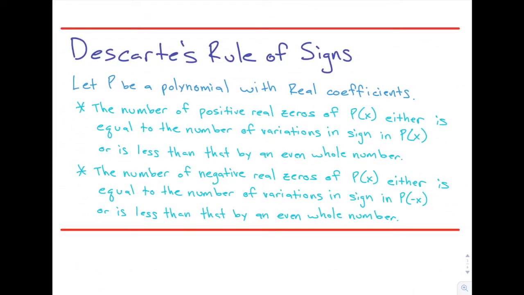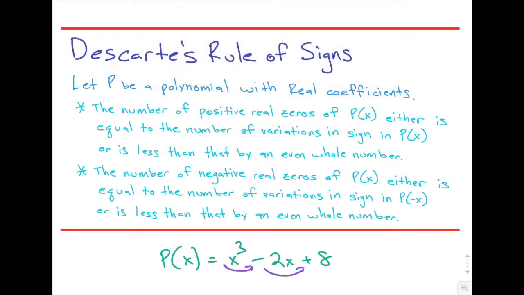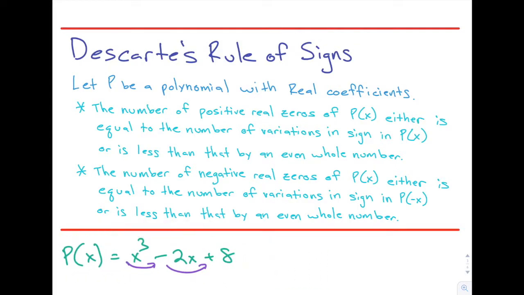Descartes' rule of signs says that if we look at the sign changes in p of x and p of negative x, we would be able to get a sense of how many positive and negative real zeros we have for a given polynomial. So considering again p of x equals x cubed minus 2x plus 8, this has two sign changes in p of x, which would then imply that for positive zeros, we could have either 2 or an even whole number less than that.